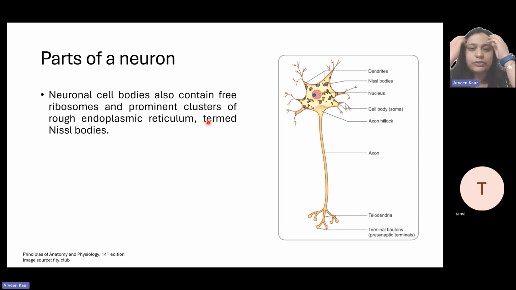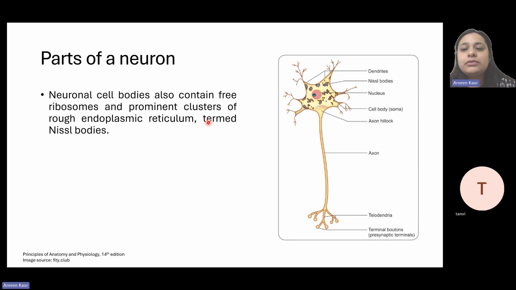When we have to identify neurons, one of the simpler biochemical studies was the silver staining that Golgi formulated. So silver nitrate staining is done to basically look at neurons.